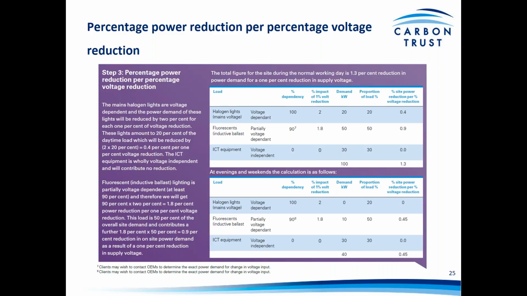Therefore, we get 90% times 2%, so 1.8% power reduction per 1% voltage reduction. This load is 50% of the overall site demand, contributing a further 9% reduction in the on-site power demand as a result of the 1% reduction in the power supply.